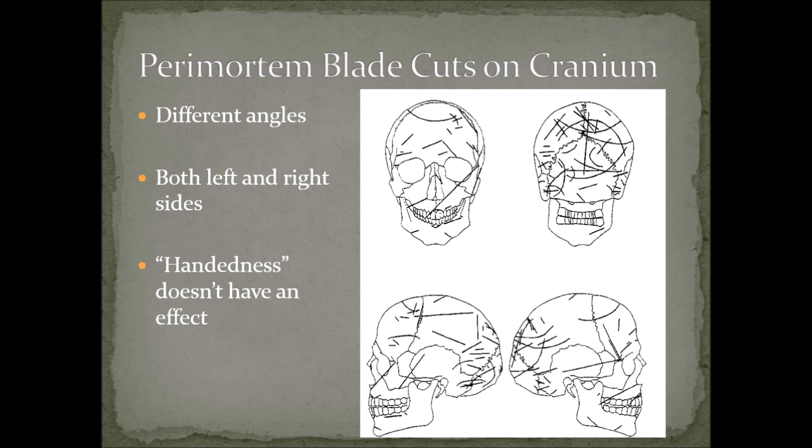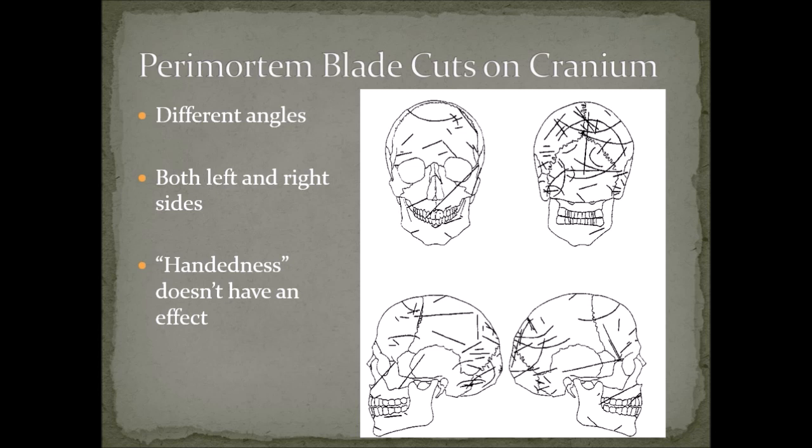Conversely, blade cuts come in at all different angles because I don't care how good of a martial artist you are. If you get into a fight with somebody with a knife, you're going to get cut. So the cutting implement really is not a strength weapon. Now we've got something that can come in any angle, going willy-nilly, up, down, side to side, front to back.